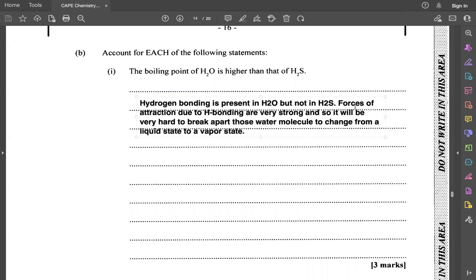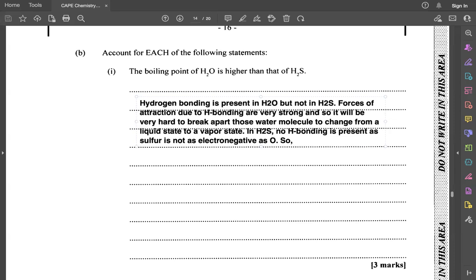Whereas in H2S, so in hydrogen sulfide, we have no H bonding present, as sulfur is not as electronegative as oxygen.